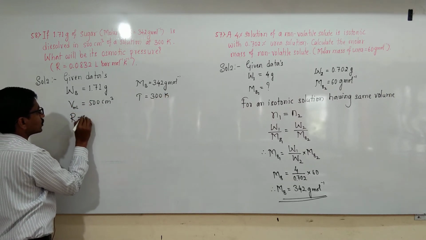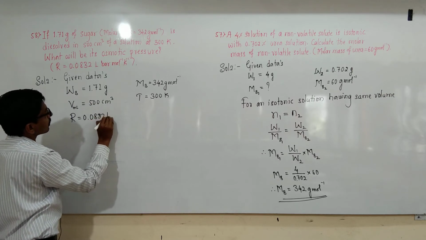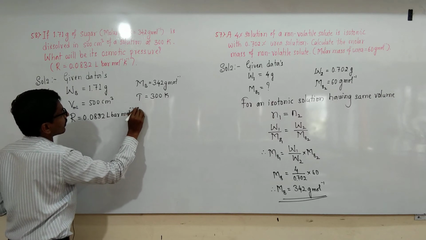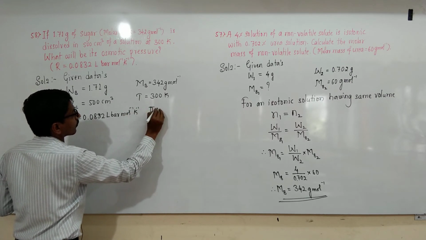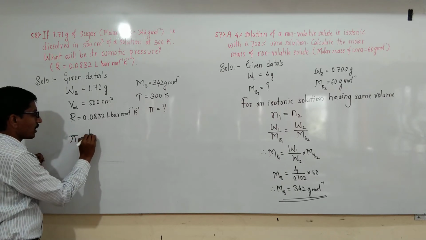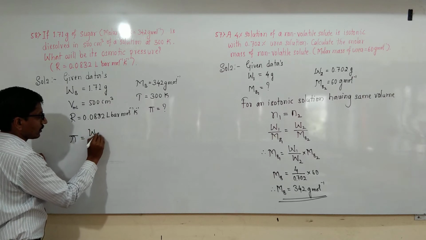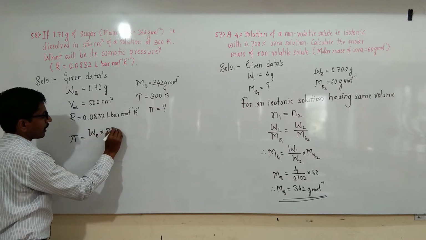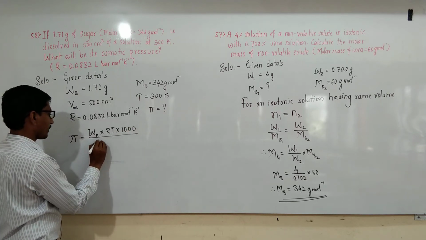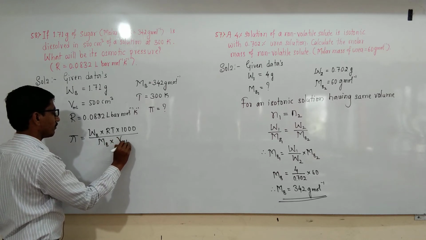R value is 0.0832 liter bar per mole per Kelvin. And from these values osmotic pressure is to be calculated, and the direct formula is Pi is equal to WB RT into 1000 divided by MB into V in ml.